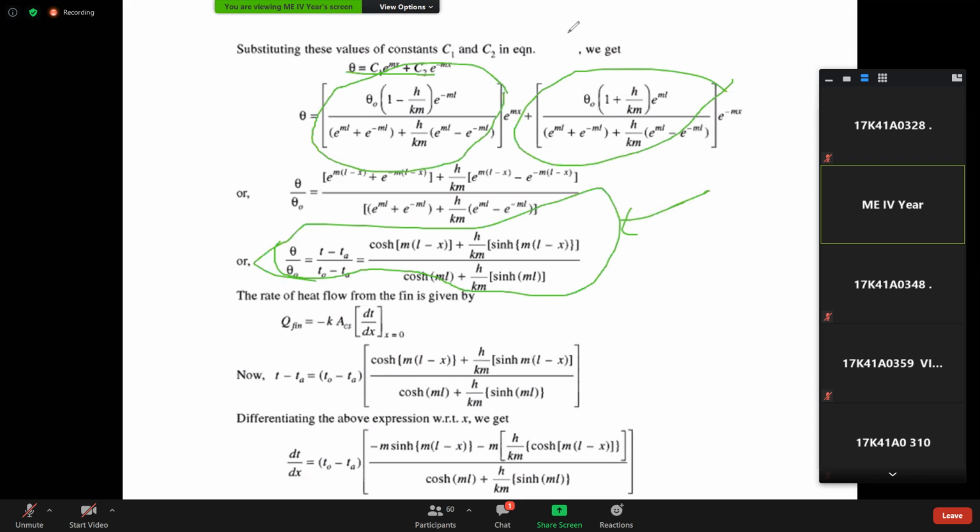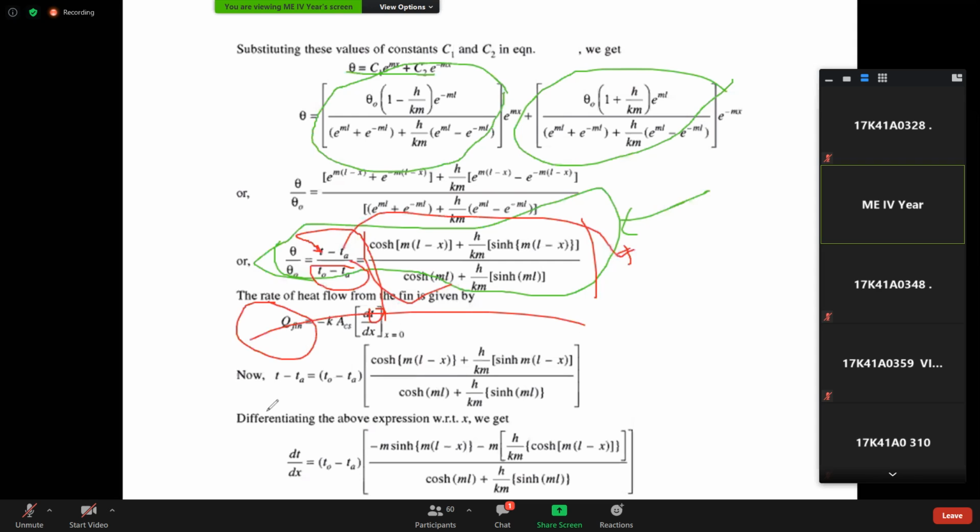At the same time, you have to calculate Q fin. This temperature needs to be obtained. This temperature is nothing but this multiplication of this parameter plus this TL, because it is minus, it will come plus.